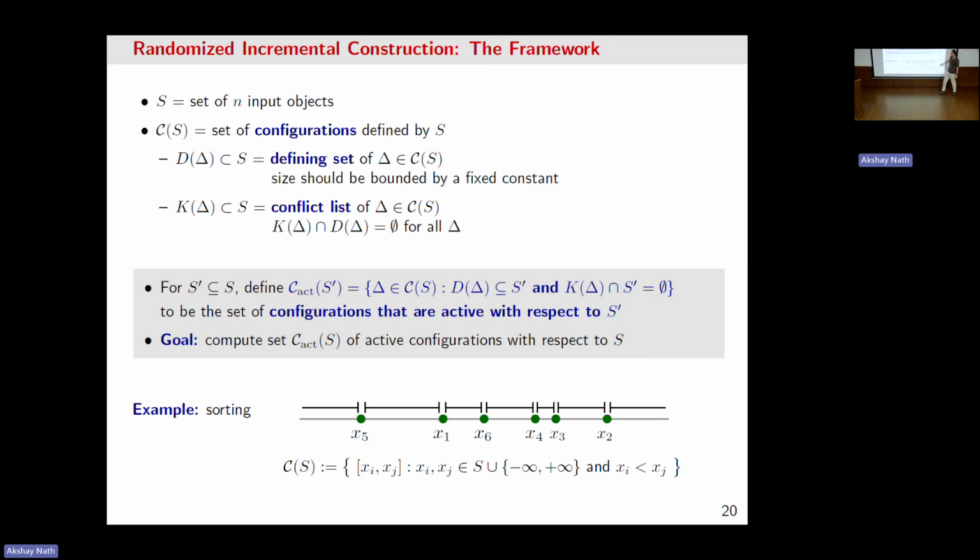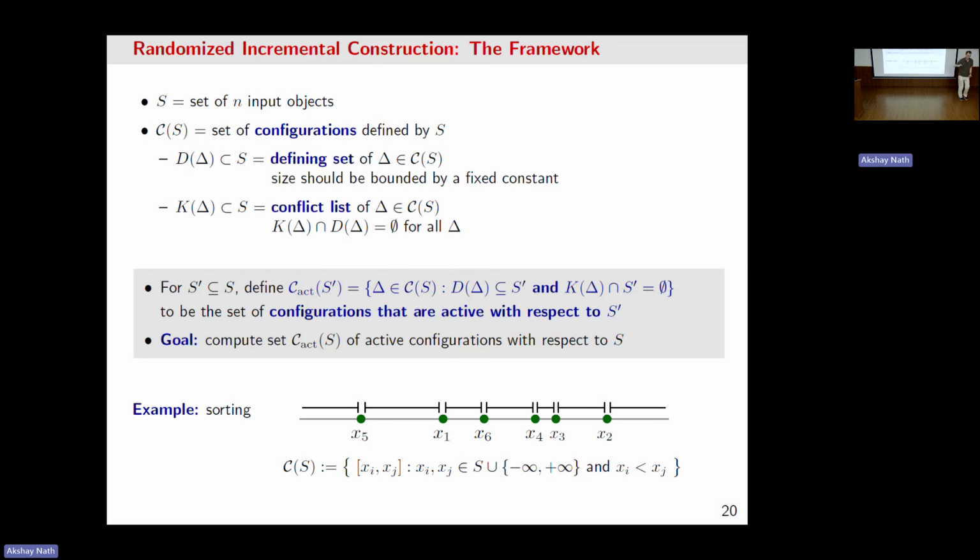Okay. What is the conflict list or the conflict set or the killing set, if you want to be aggressive? People also call it the killing set. So what is A of delta? Well, that's the set of all xj such that xj lies in delta.